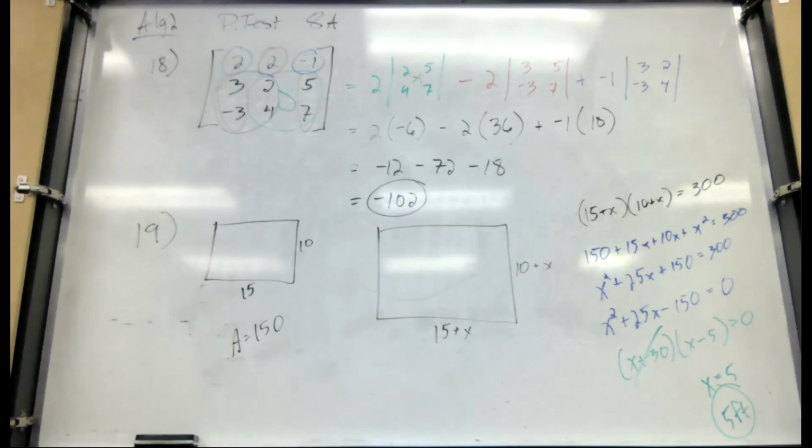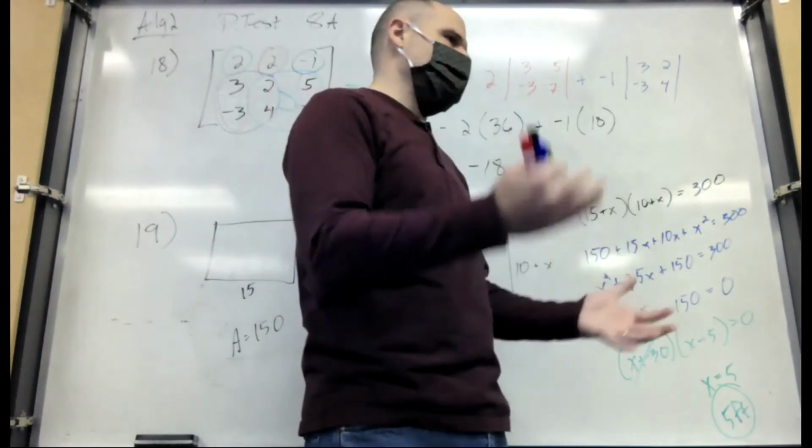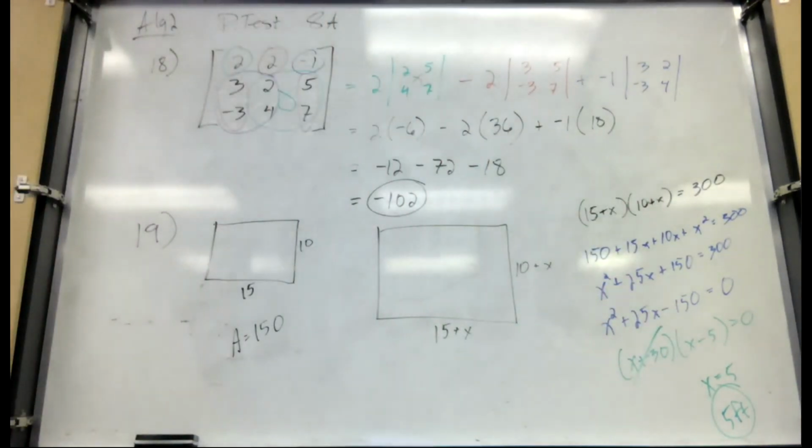It doesn't really answer the question, because if you're just staying in the math world, then the negative dimensions don't really matter. But that's why usually when you do these problems, you eliminate one of those options, one that doesn't make sense.